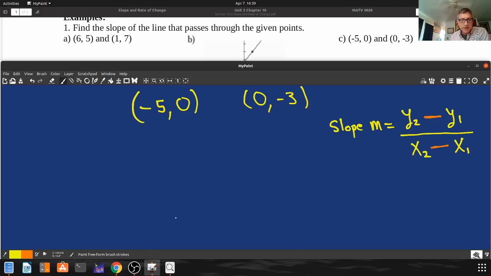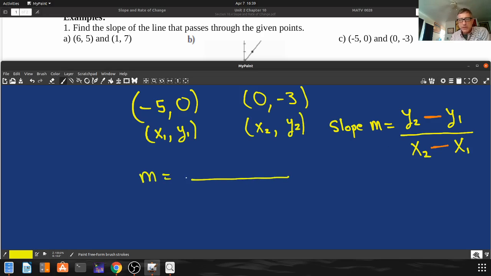So let's calculate it. So I'm just going to go ahead and label them this way, and now I'm just going to use the calculation. So y2 is minus 3, minus 0, because 0 is y1.